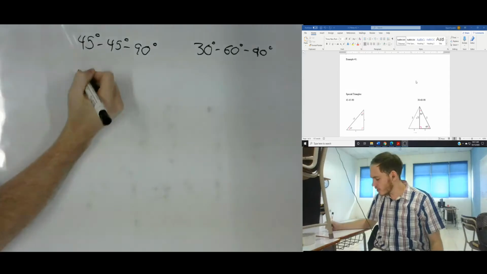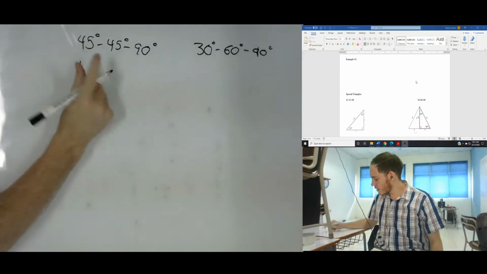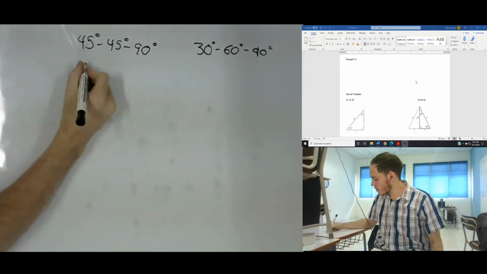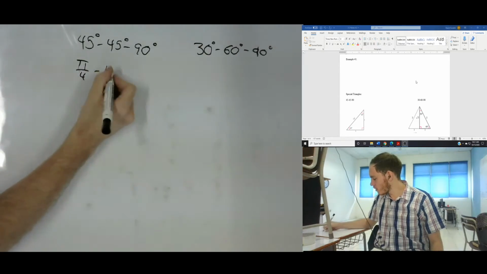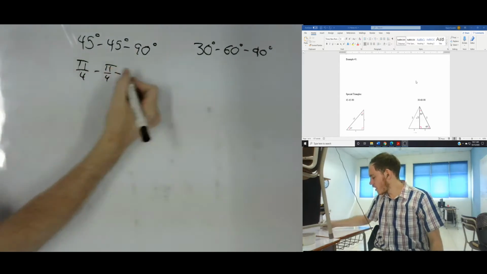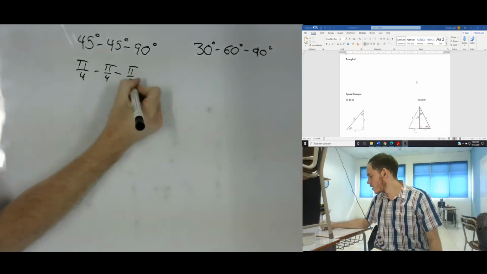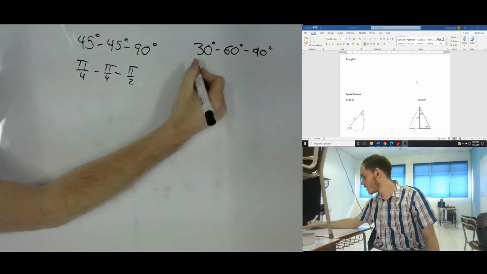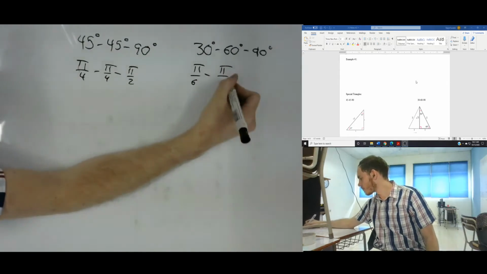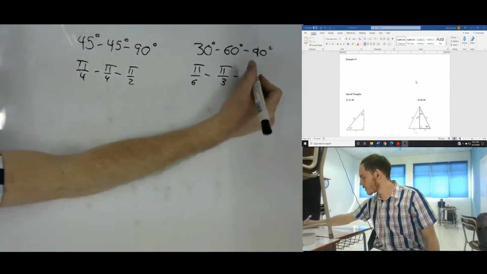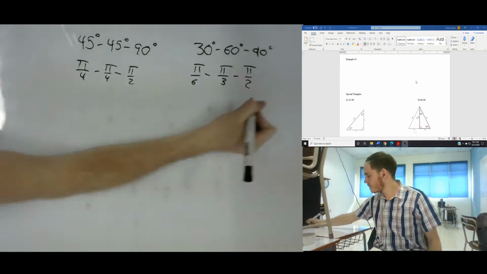But we can also think of this as another kind of triangle, so pi over 4. So this is pi over 4, pi over 2. And this is pi over 6, pi over 3, pi over 2. Okay?